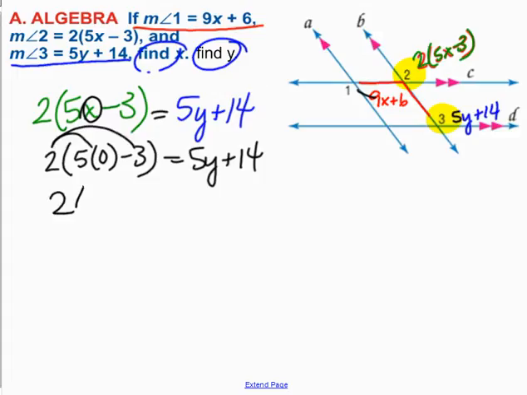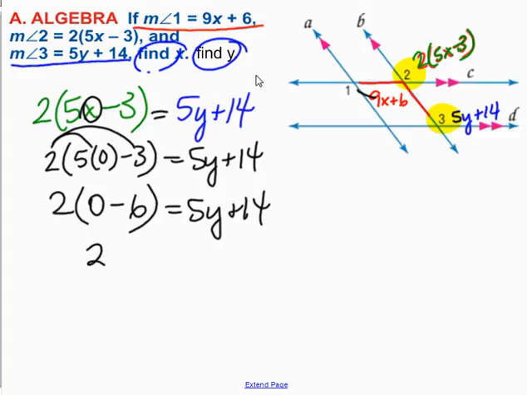Well, 2 times 5 times 0, that's 0, minus 6... Here's where I made a mistake, guys. We didn't distribute yet. I just did this first.